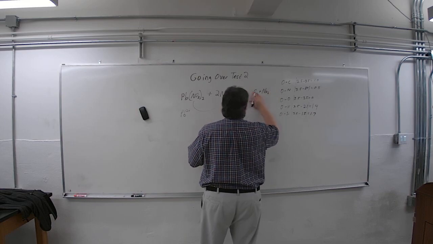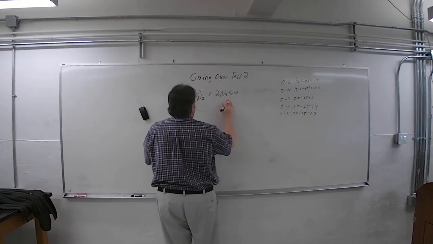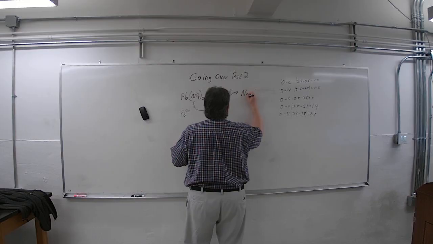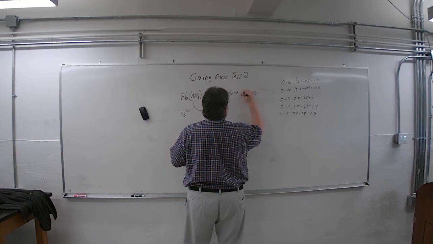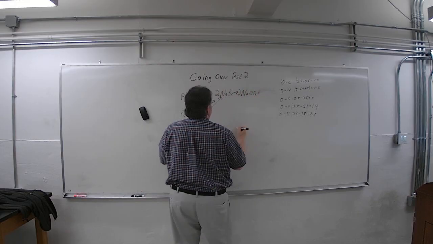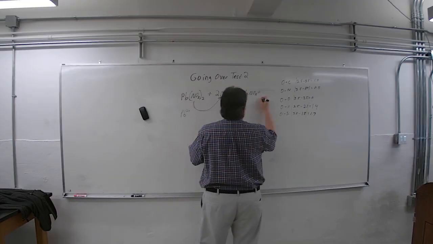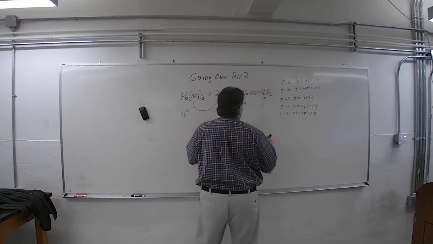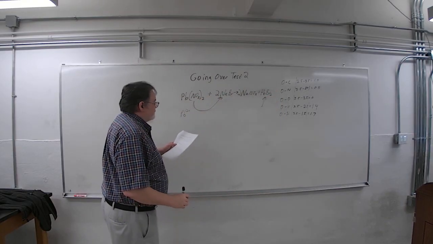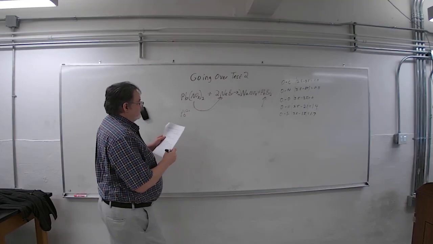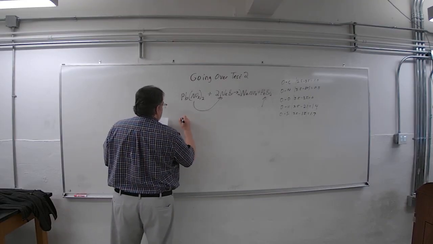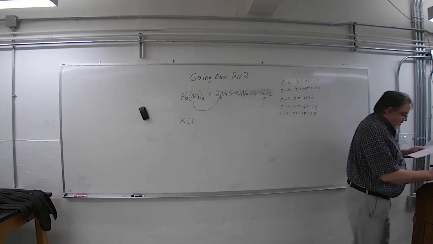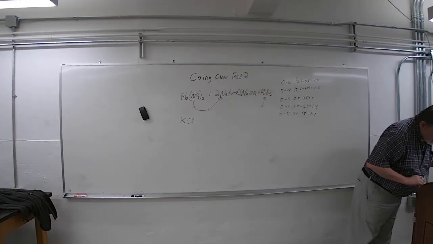Na2. Lost my mind this morning. Sodium nitrate and lead bromide. And that's the insoluble one, so that's the precipitate. PbBr2. Next, answer key. 35. D.